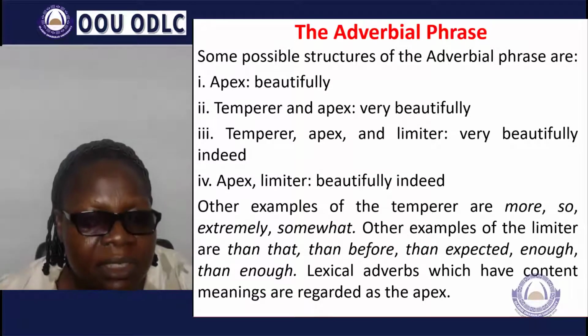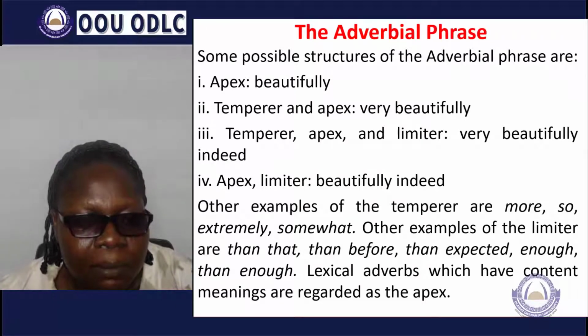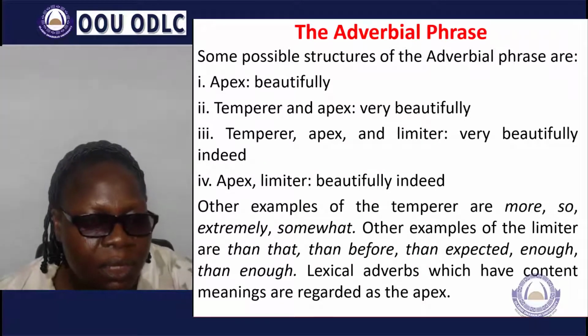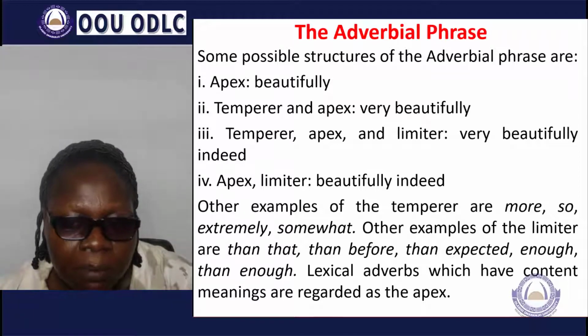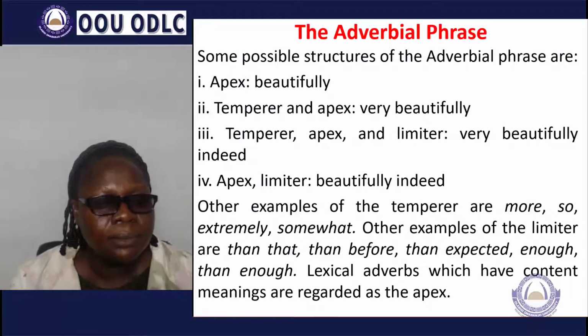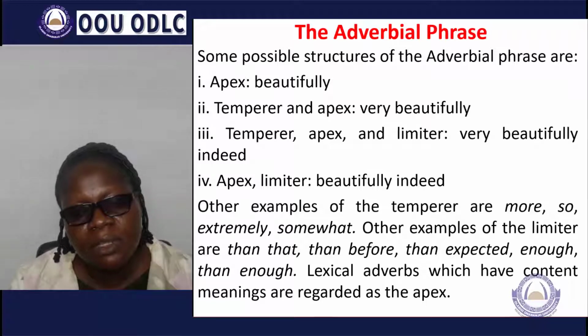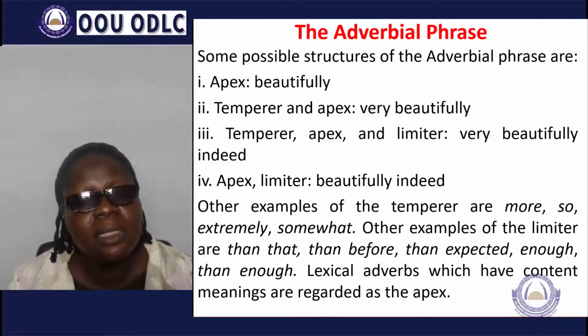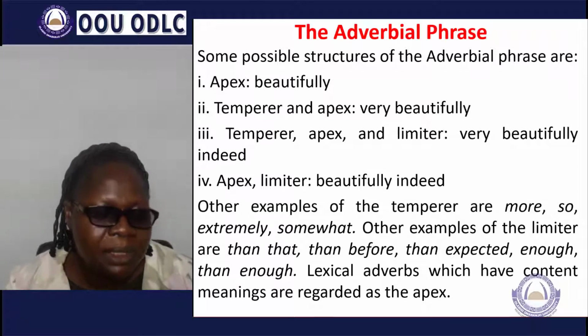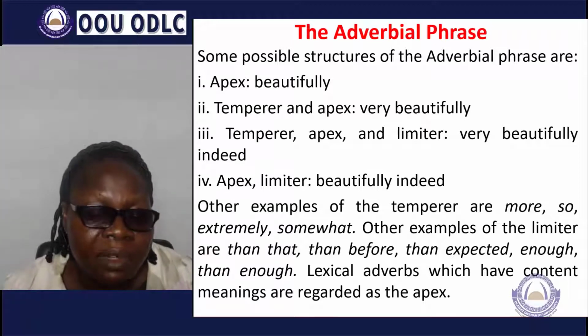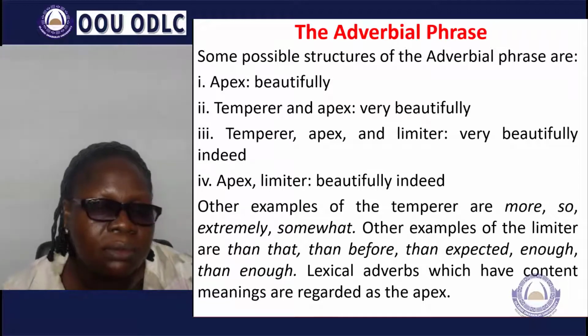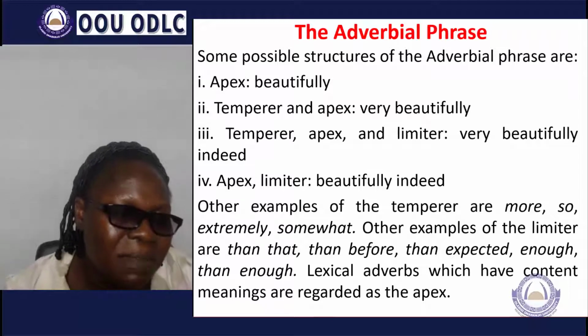Now, let's talk about the adverbial phrase. The adverbial phrase is headed by an adverb. We are going to take a look at some of the possible structures of the adverbial phrase. Number one, we have the adverbial phrase that has the apex in its structure. By the word apex, I mean a lexical adverb, that is an adverb that is meaningful on its own, that has independent meaning, an adverb that has content meaning.